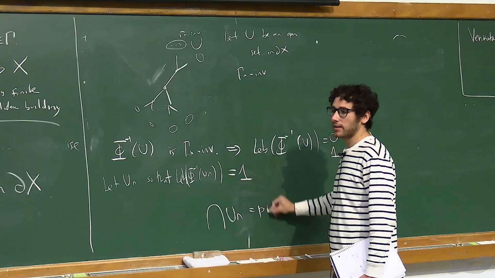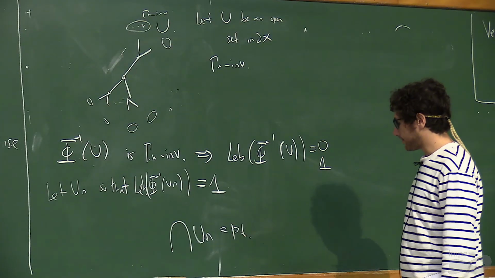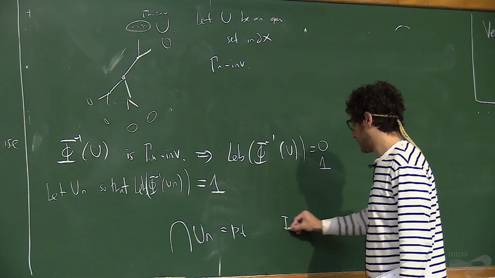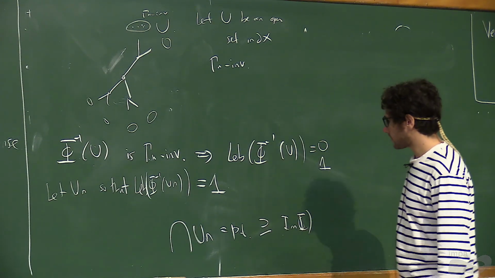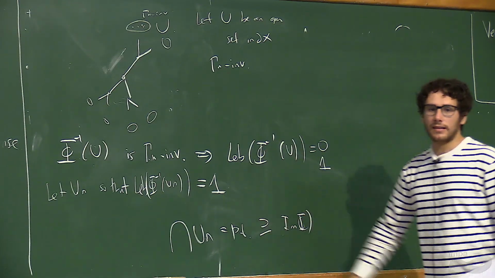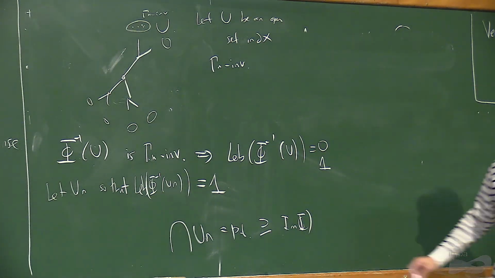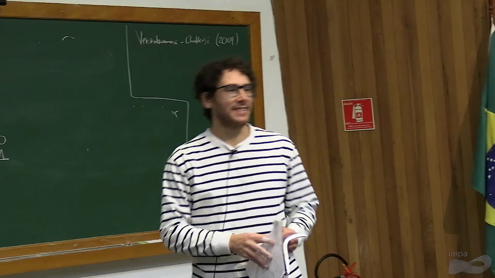It has to be a point, and the image of phi has to lie there. And that's it. I think I can stop here.